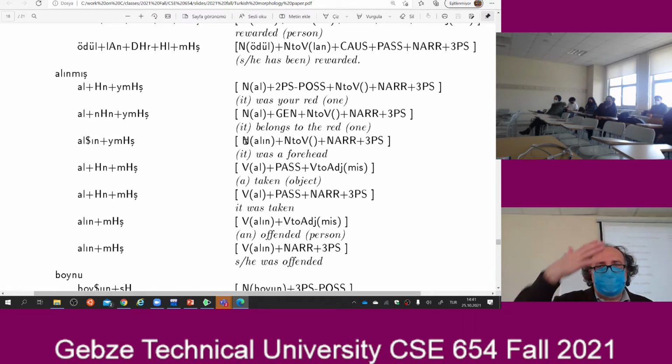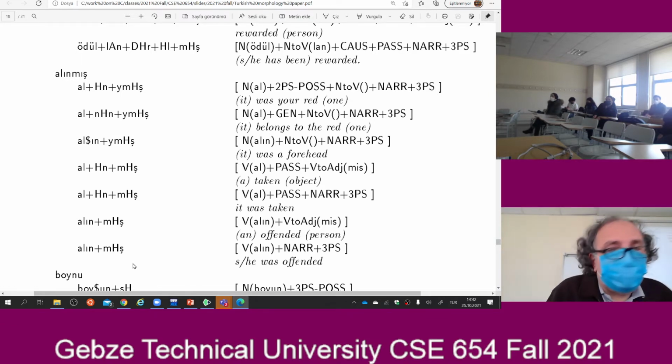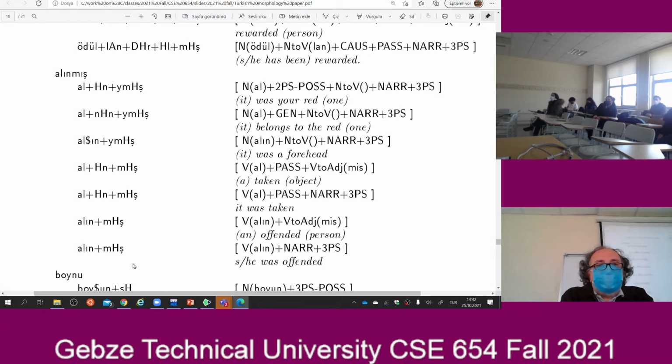Then there is this noun, forehead, and there is verb al, and there is verb almak, alınmak. So you wouldn't think about all these, 7 different morphological parses when you read this word, alınmış. But when you put it in a context, you never think about the other parses of that word inside the context.